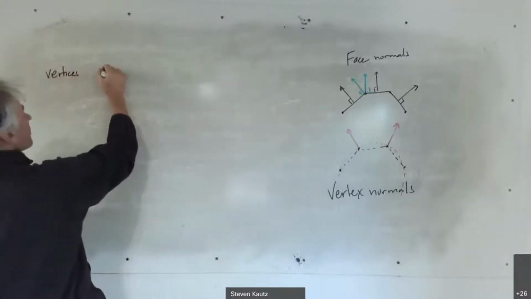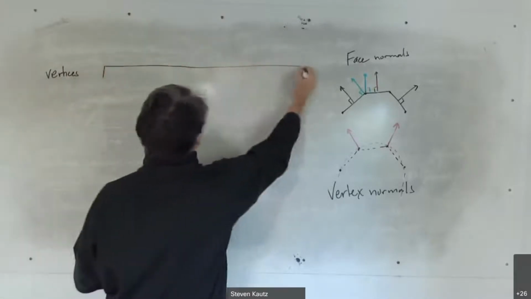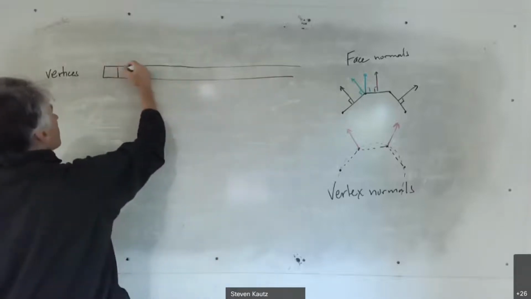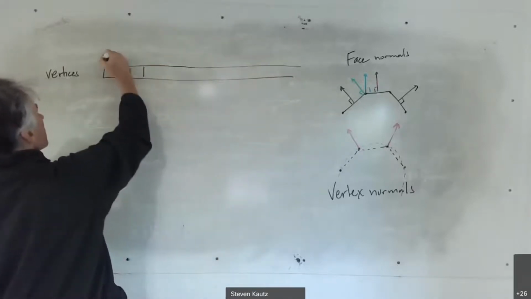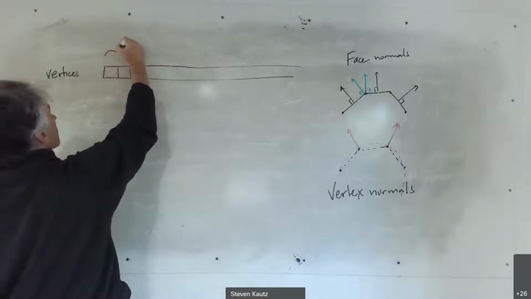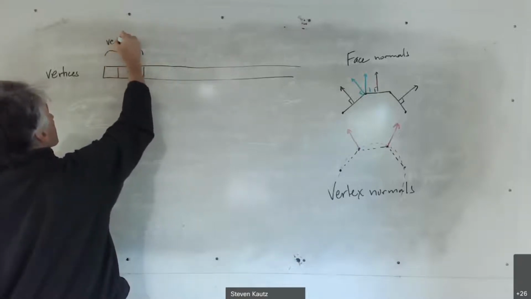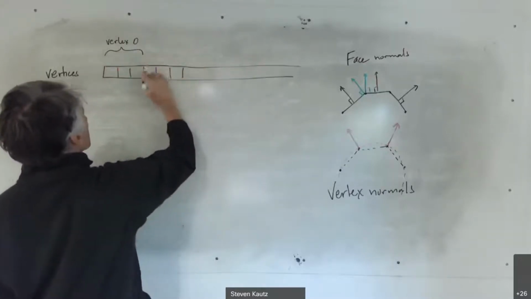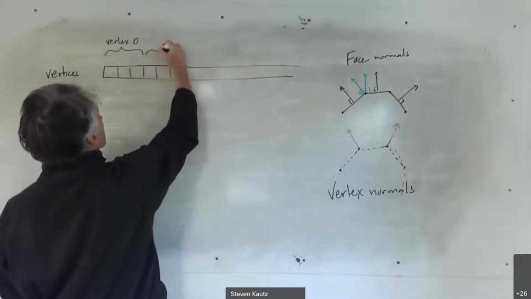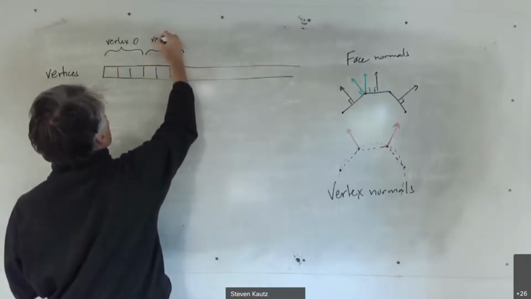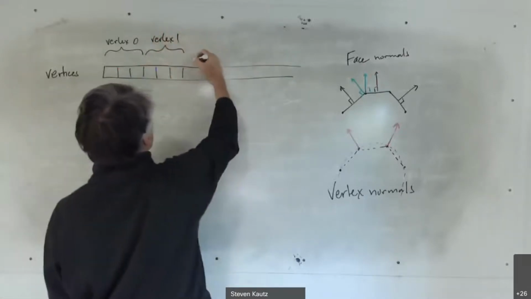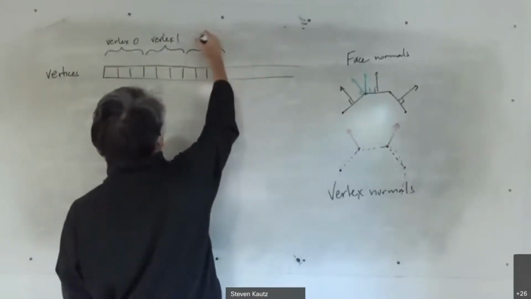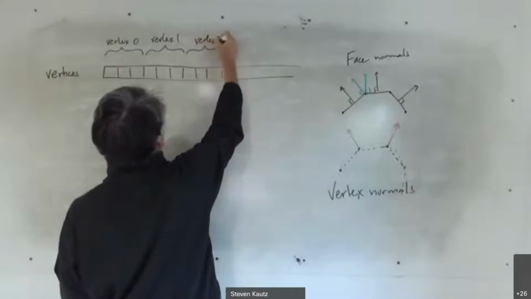There's going to be a group of 3 numbers representing vertex 0, another group of 3 numbers representing vertex 1, another group of 3 numbers representing vertex 2, and so on.